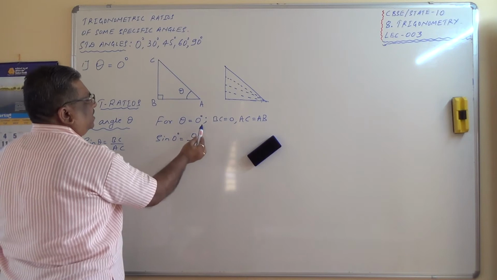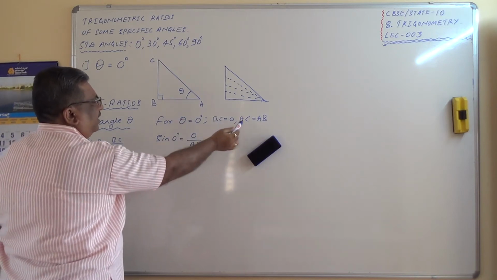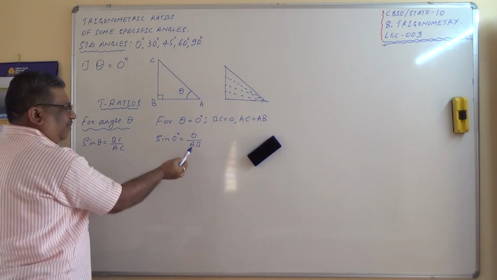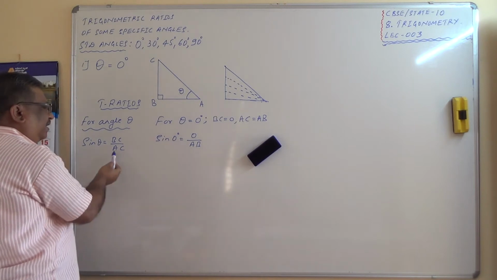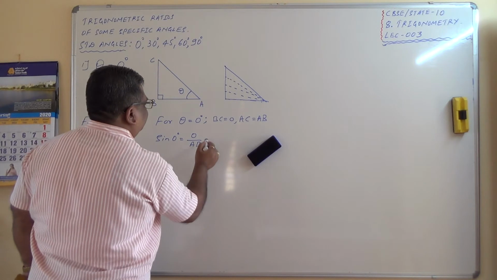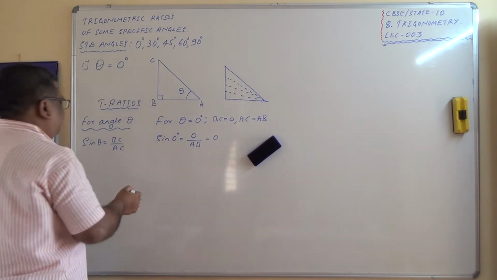Whenever theta changes to 0, BC becomes 0 and AC becomes equal to AB, and therefore I am changing AC to AB over here, but it is not required. You can retain AC as it is also. So sine 0 is equal to 0 by AB, which is 0. Therefore sine of 0 degrees is 0.